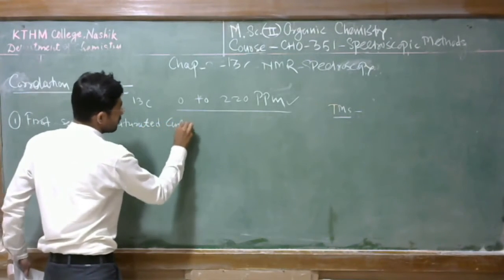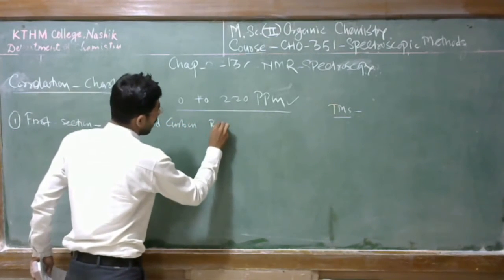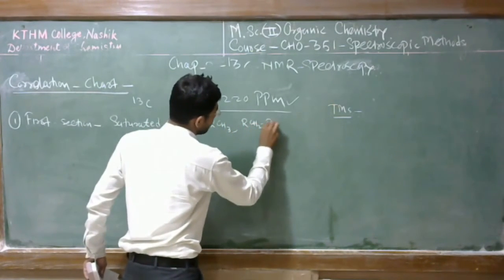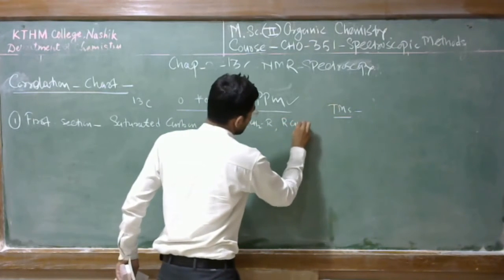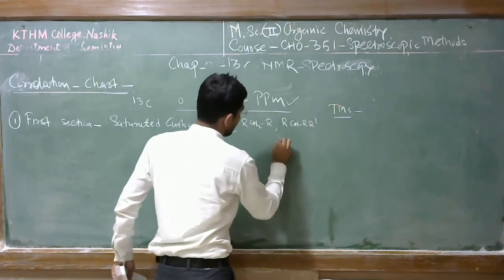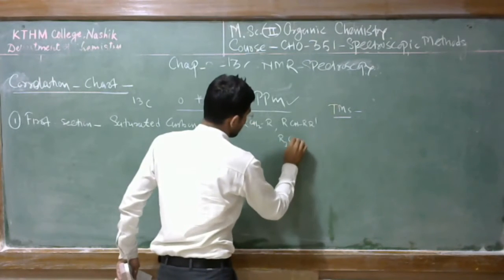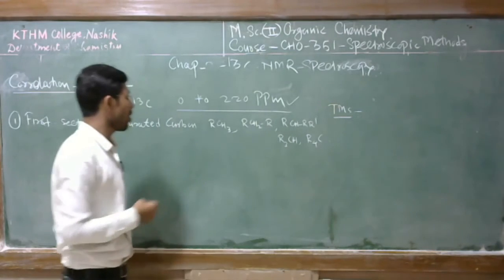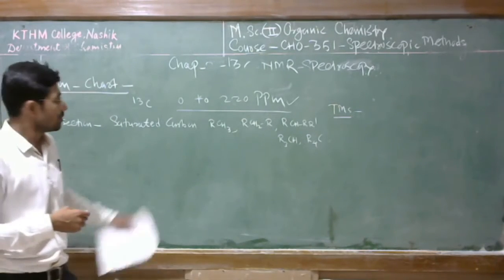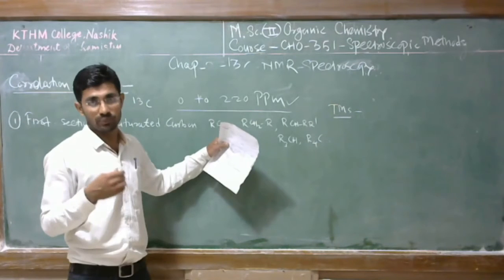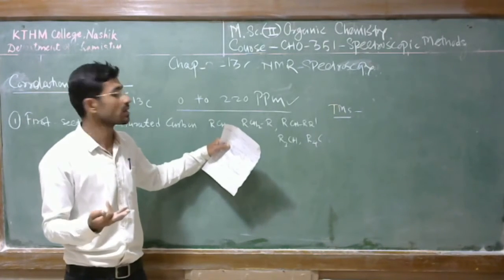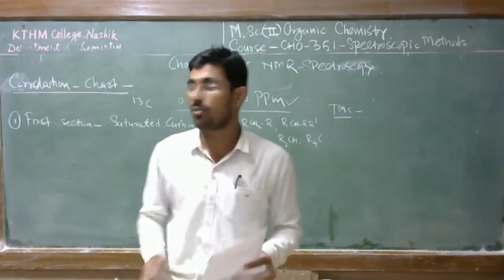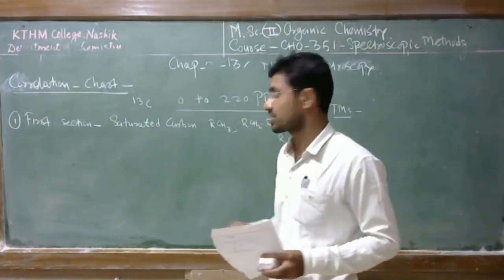Saturated carbon atoms means like RCH3, RCH2R, RCHR', or R3CH, or R4C. So that type of group means alkyl group carbon, methylene carbon, methine carbon, or quaternary carbon attached to alkyl groups.